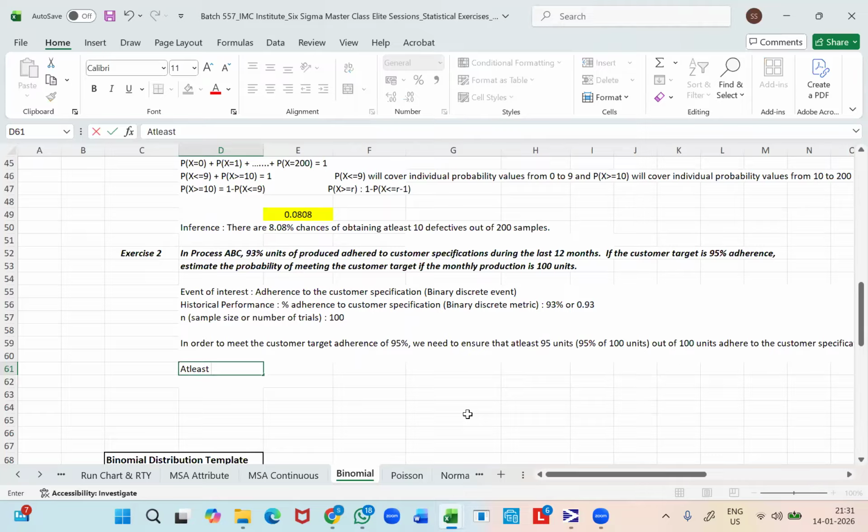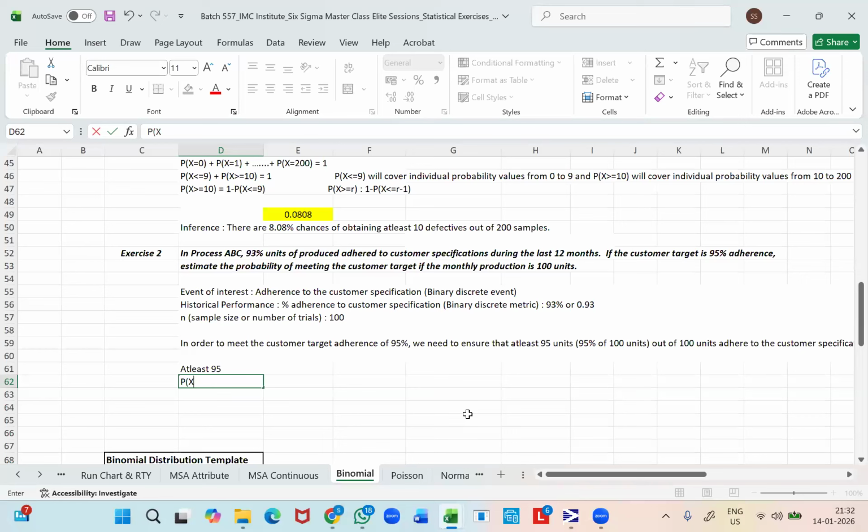So at least 95. What will be the probability notation for this, P of at least 95? You should be able to tell. We saw this for the first exercise, right? What is the symbol that I need to put?